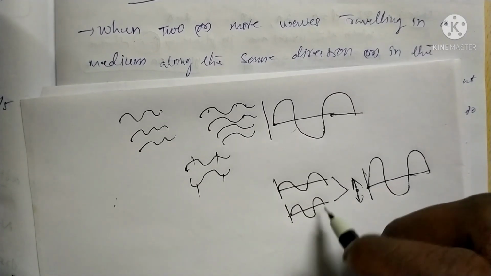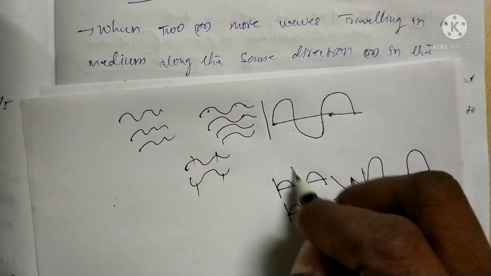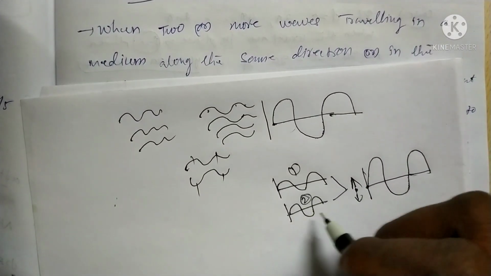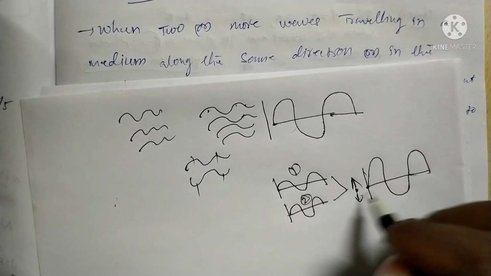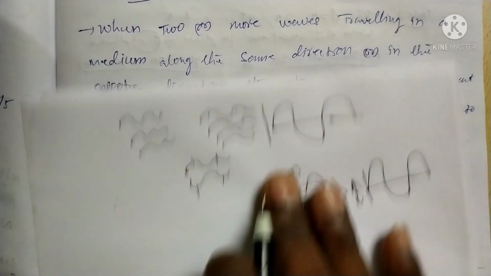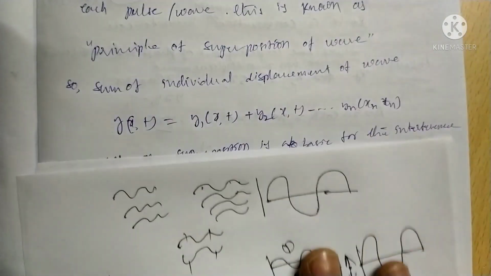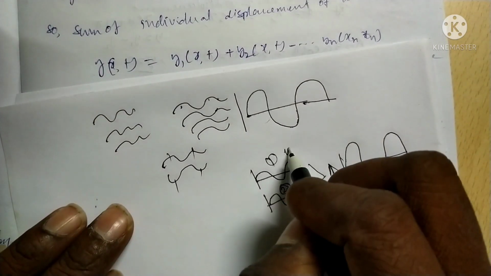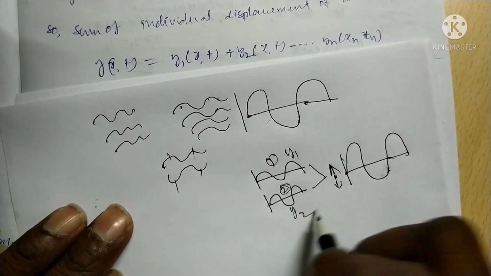We get the resultant of two vectors, wave 1 and wave 2. When two waves are superposed, we get the resultant displacement like this. Suppose the displacement is y1 and this displacement is y2.